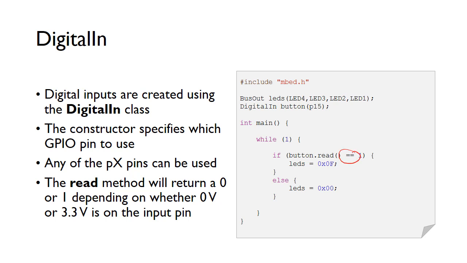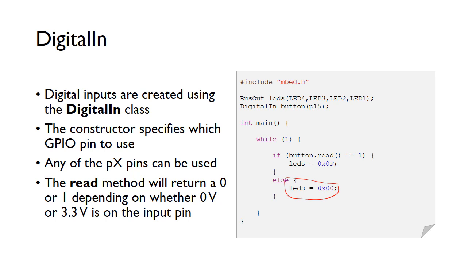Be very careful here, we've used a double equals, so this is an equality operator. If button.read returns a 1, this expression will be true, and so we'll switch on all the LEDs. But if it's not true, we'll switch off all the LEDs.